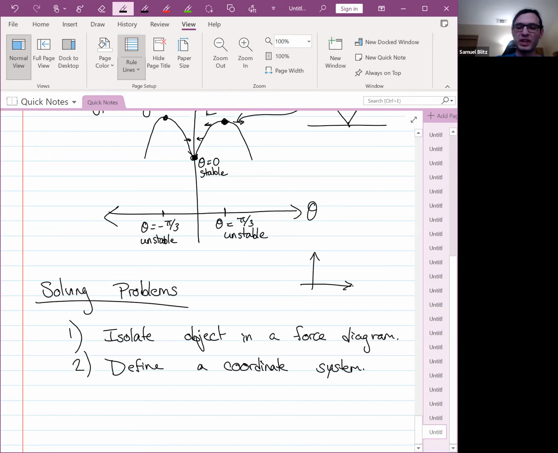I'll do something like this, x, y, and then maybe I'll draw a little loop and put plus in it to indicate that that's the direction that's plus. And it doesn't have to be that. Maybe it's this. But the point is that's the way that I usually notate it. Or you could do counterclockwise is positive, whatever. It's a choice.